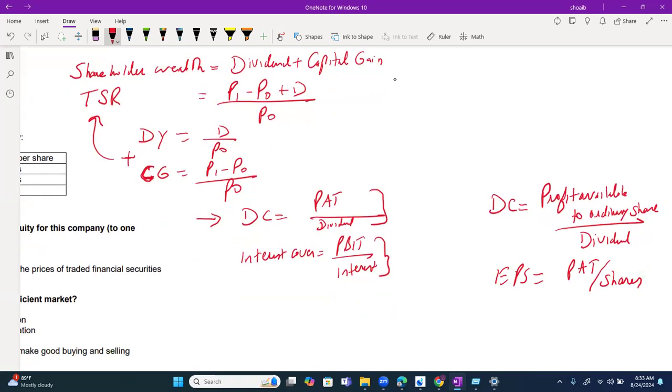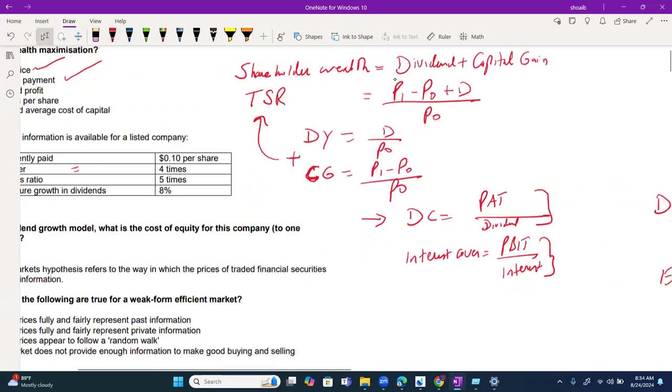But the actual formula is which profit? The profit available to ordinary shareholders. And what do I mean by profit available to ordinary shareholders? Profit minus preference dividend. The profit that is directly available to ordinary shareholders. So we have to deduct the preference dividend if any. But obviously, this is not relevant here in this question.